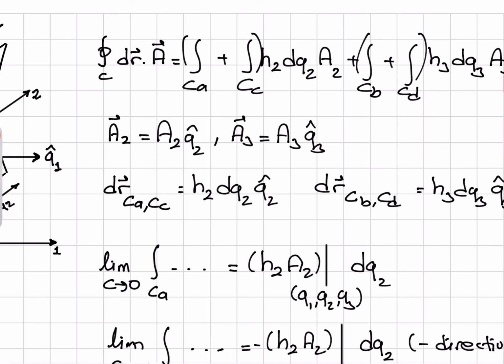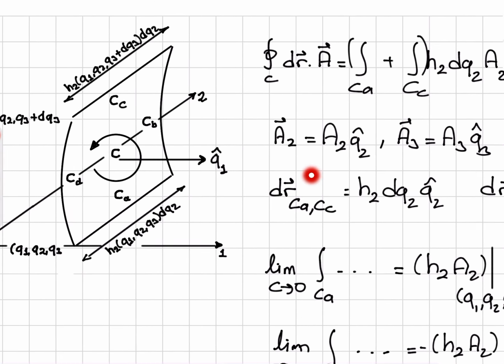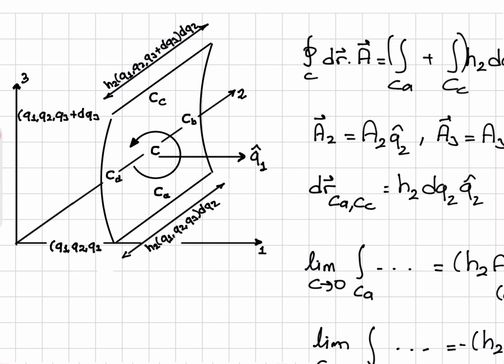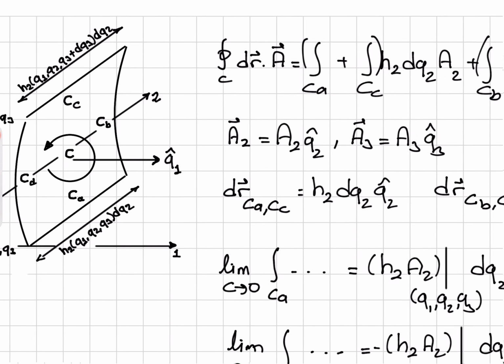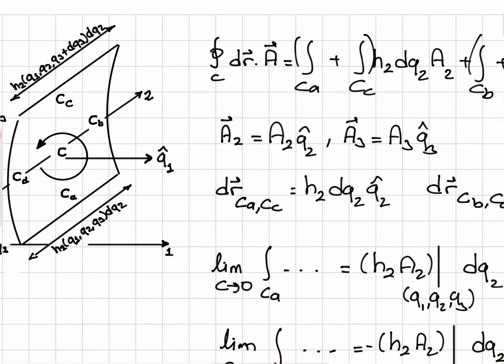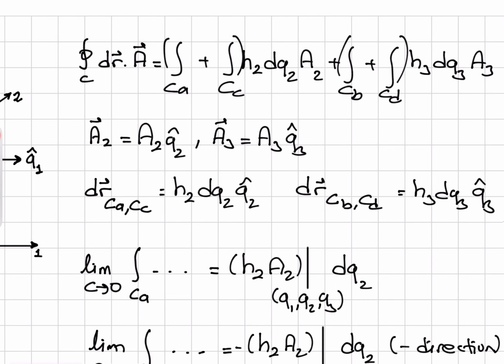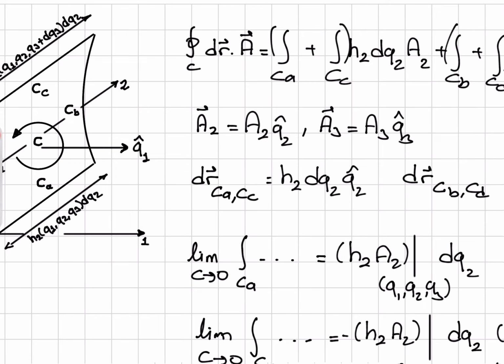As for the differential displacements along CA and CC, I would have h2 dq2 in q2 hat, and as for B and D, I would have h3 dq3 in q3 hat. But when I take the dot product with vector A and perform this integral along a certain direction, these vectors will change sign.